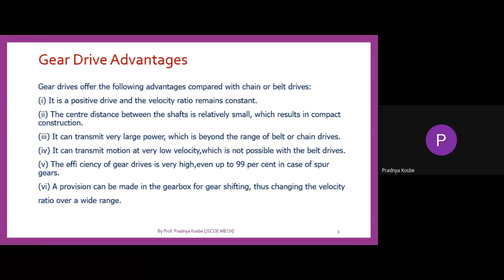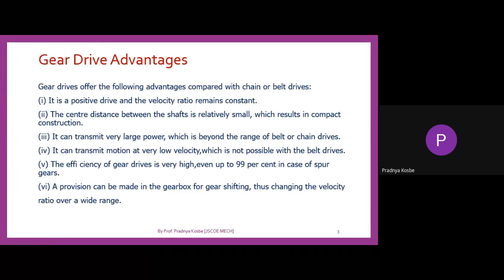Gear drives offer various advantages compared with chain and belt drives. It is a positive drive and velocity ratio remains constant. The center distance between the shafts is relatively small, which results in compact construction.